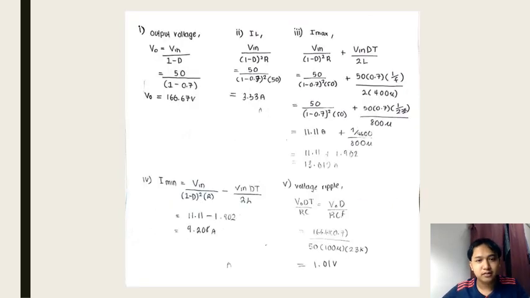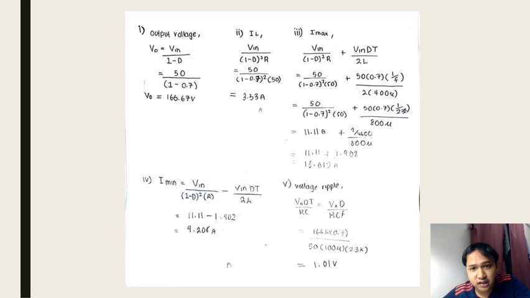For the calculation, we first calculate output voltage. Vo equals Vin over 1 minus D, and we get Vo of 166.67 volt. Second, we calculate inductor current. Vin over (1 minus D) squared R, and we get 3.33 ampere.